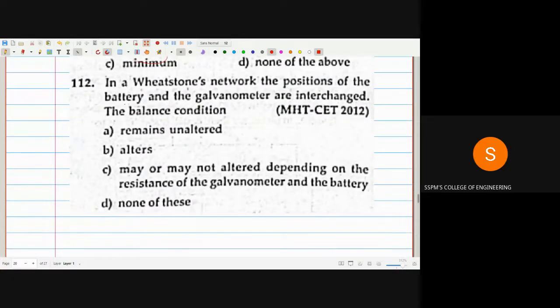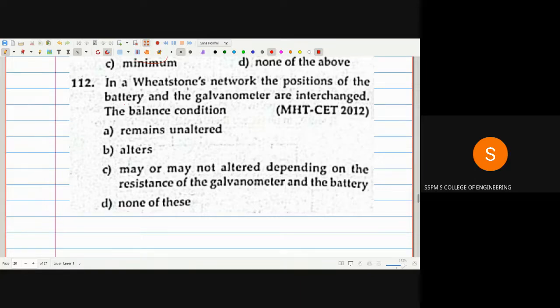Next, in the Wheatstone bridge the position of the battery and the galvanometer are interchanged. The balance condition remains unaltered. You can connect the galvanometer in place of the battery and the galvanometer can be replaced by the battery. The concept becomes the same, isn't it?